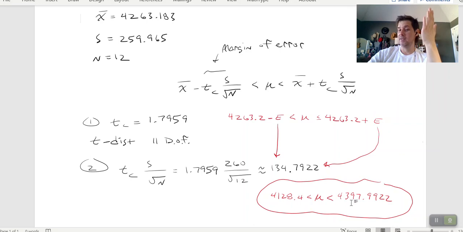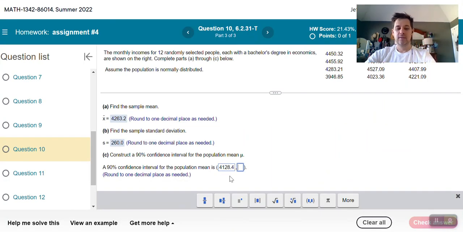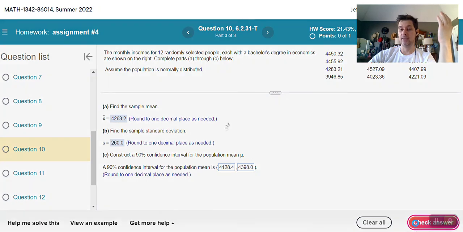So 4398.0 will be rounding that to 1 decimal place. Whether or not you have to actually put the 0.0, I kind of doubt it with my MyMathLab, but I'm putting it anyway. So that's my confidence interval that I found with my own calculations on scratch paper, put in and rounded appropriately on my MyMathLab. So let's check it.